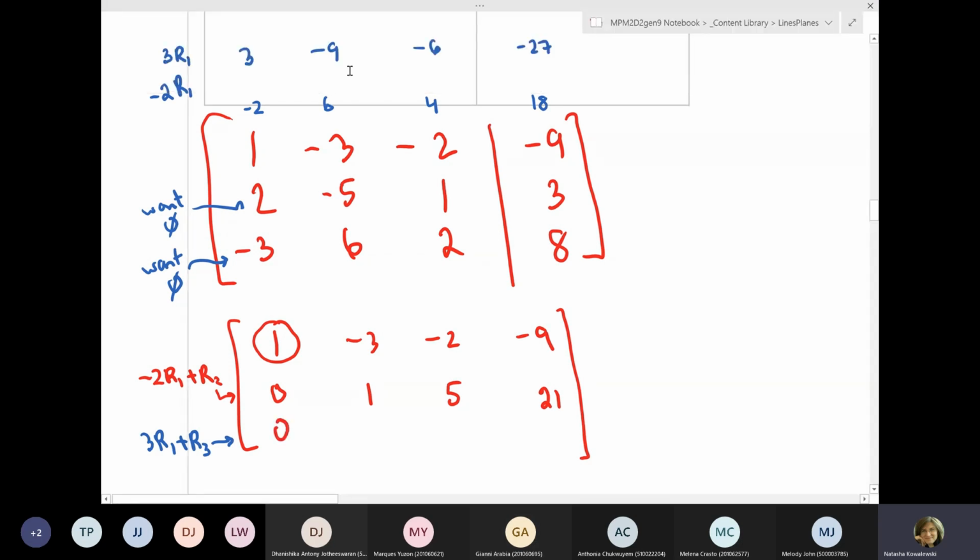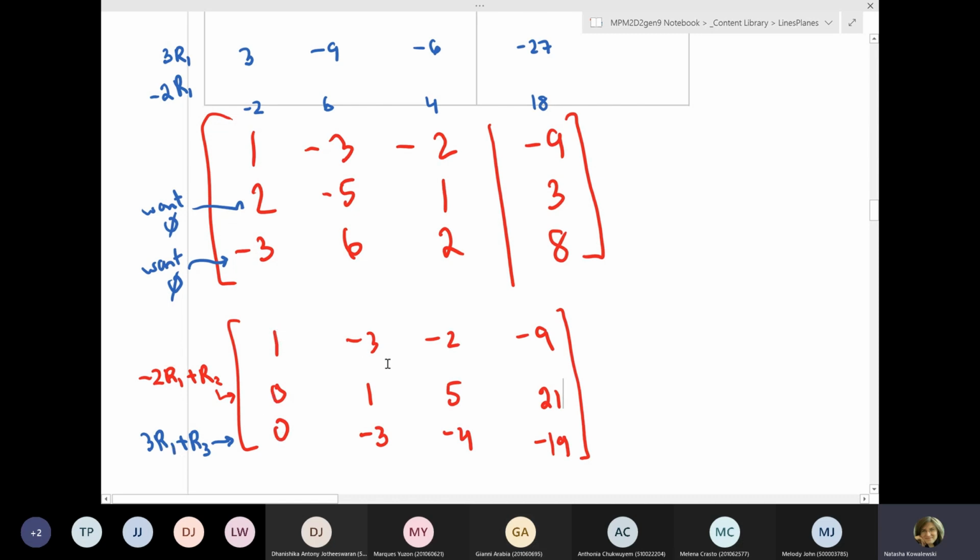Then -9 over here added with this 6 here is -3. Then this -6 added with this 2 is -4. What else? -27 added with this 8 is -19, I believe, right? So I have accomplished the first column to become what I want, 1, 0, 0.